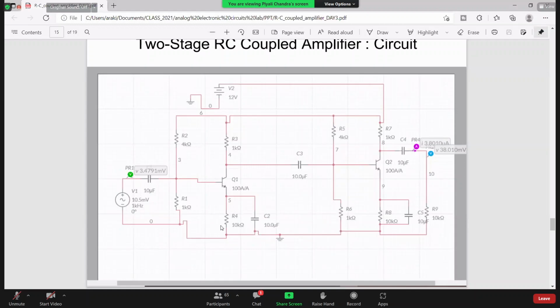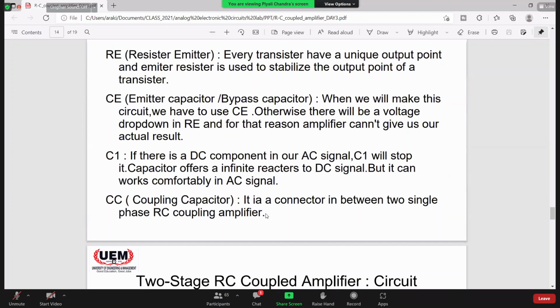So that's not acceptable, or you can say we don't want this type of output, because we want a good output, we want a good amplifier. So for a good connection we must connect this R4, that means the resistor ammeter and the capacitor ammeter, both in parallel.